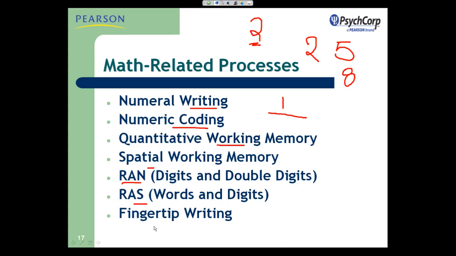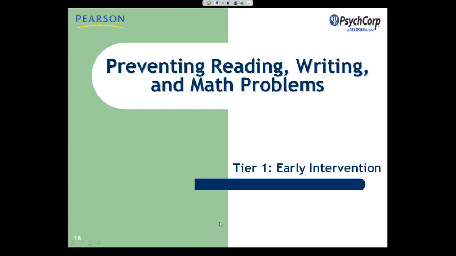And then again, the output will require that writing component. And it might be that I can perform the operation, and if you were to ask me to tell you the answer, I could. But in this case, you were asking me to write it down, and my fine motor abilities are limited, for example.